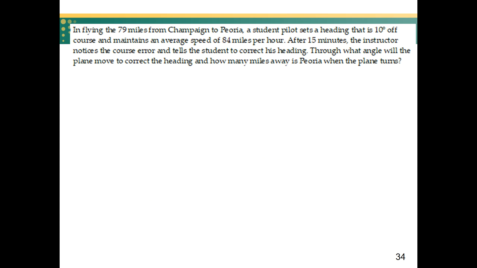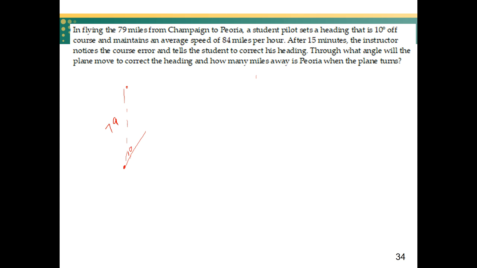Okay, so someone is flying 79 miles from Champaign to Peoria, and they get 10 degrees off right away. It doesn't really matter which way. It doesn't tell you which direction, but when it asks you later, there's no west or east indication.